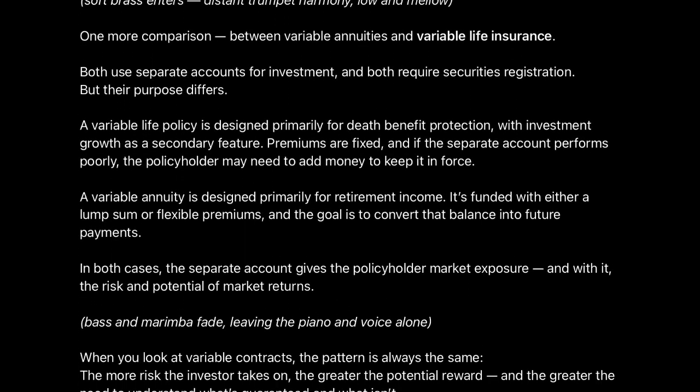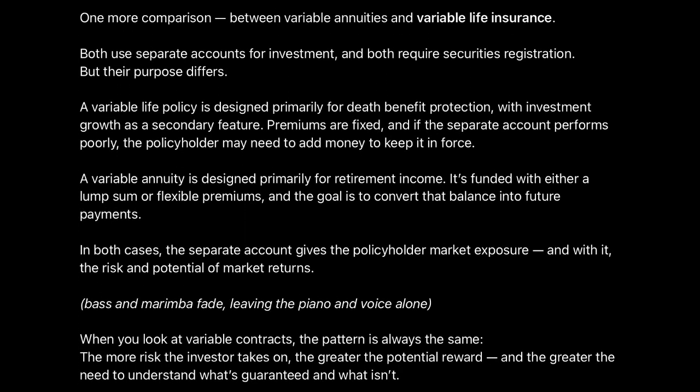One more comparison between variable annuities and variable life insurance. Both use separate accounts for investment, and both require securities registration. But their purpose differs. A variable life policy is designed primarily for death benefit protection, with investment growth as a secondary feature.